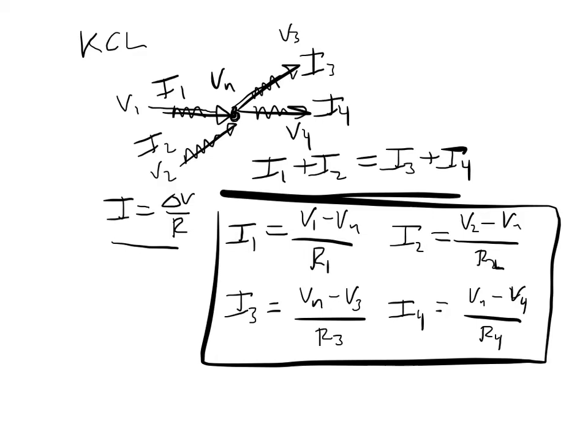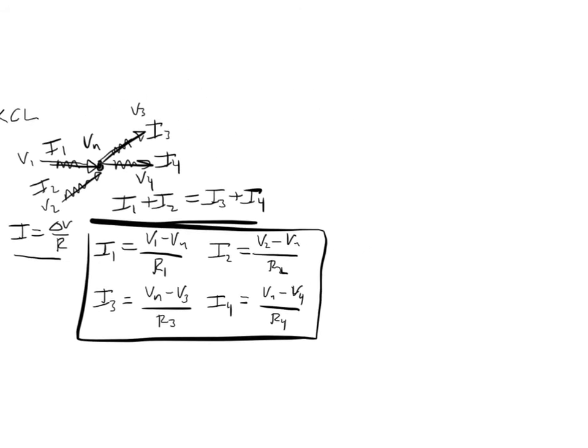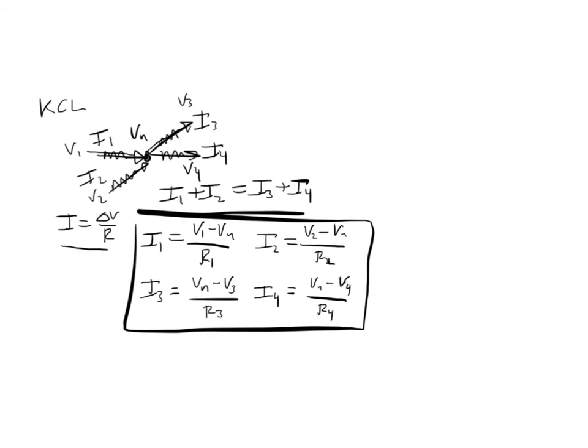We can plug these four equations into our Kirchhoff's current law equation, and we can do that really quickly here, all in one step. I1 is going in, and I1 is V1 minus Vn over R1. I2 we're going to assume is going in, so that's plus V2 minus Vn over R2.